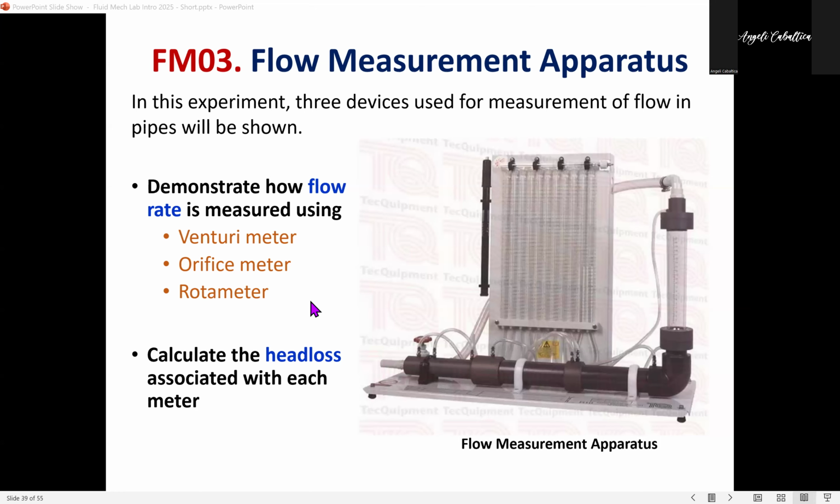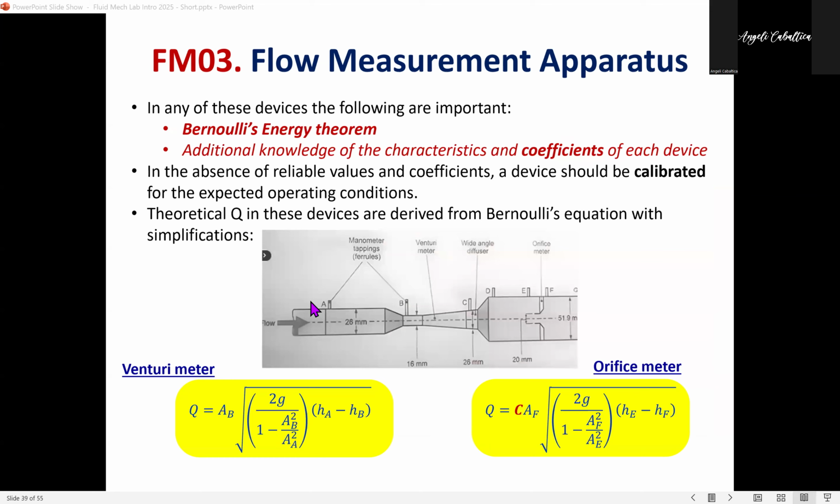But to do that, you would have to study first the energy theorem, which we will be discussing in maybe 2 or 3 weeks from now. So I have equations that I put here as an example, but they're already the derived ones. The derivation is quite lengthy, and like I said, you can follow the manual.